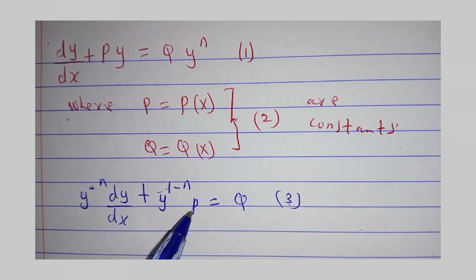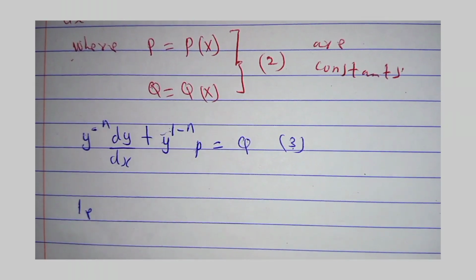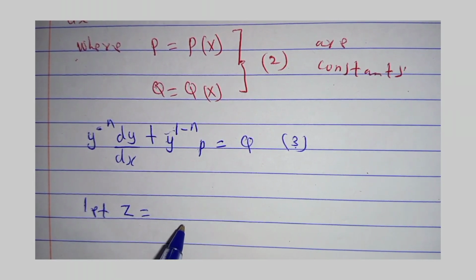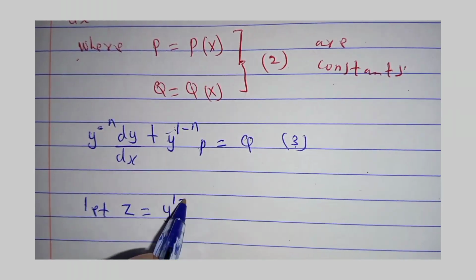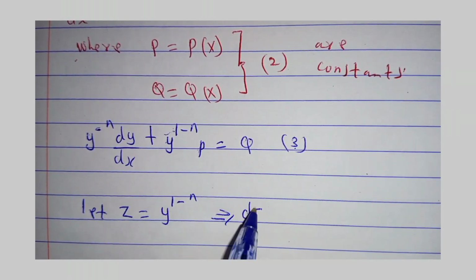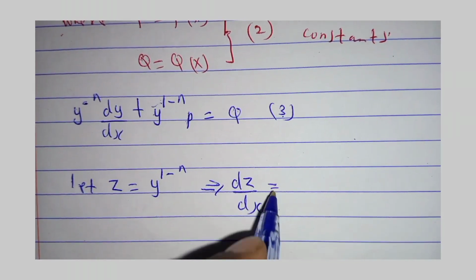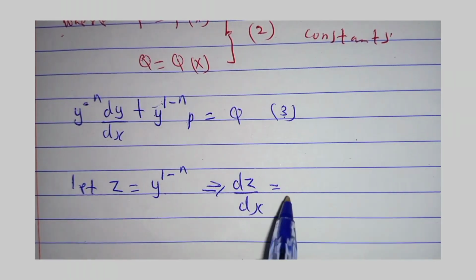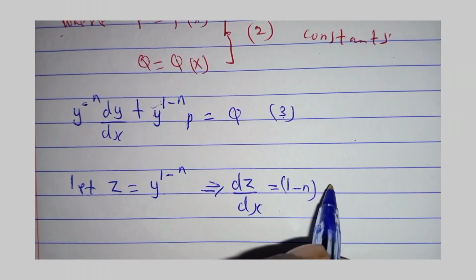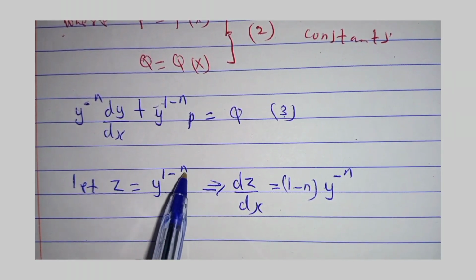So in this equation, we are going to make the following substitution. We are going to let our z be equal to y^(1-n), meaning that our dz/dx will be equal to, we differentiate this part, (1-n) y^(-n) dy/dx, because when we are differentiating, we reduce the index by 1.